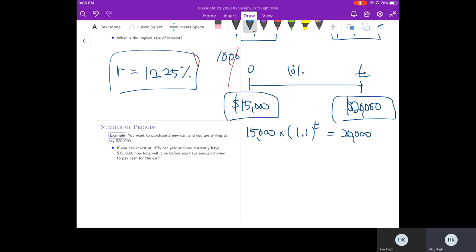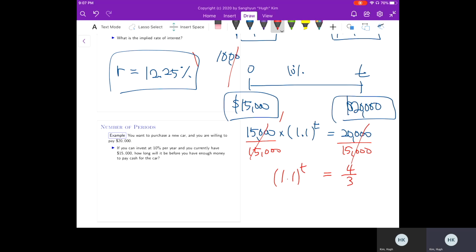We can divide through by 15,000. That's 1, that is 4/3. So 4/3 equals 1.1 to the t.